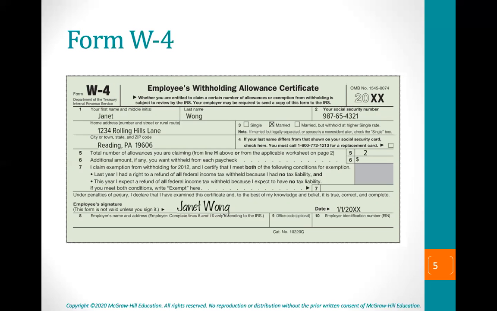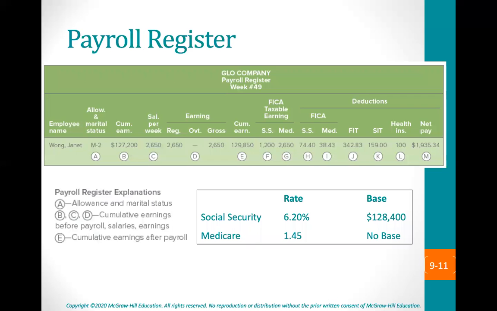It can be changed. So looking back at the payroll register, we see column B says cumulative earnings. Before this week's paycheck, see, she gets paid on a weekly basis. Before this week's paycheck, her gross pay was $127,200. Column B tells you that her salary per week is $26.50.